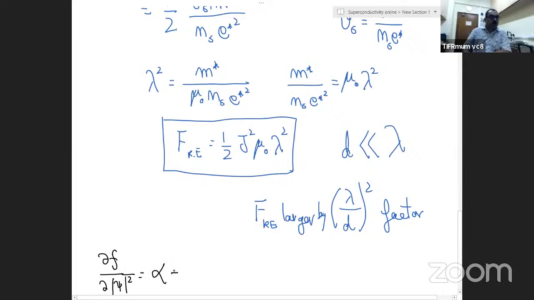So I will get alpha plus beta psi mod square plus half of m star vs square equal to 0.